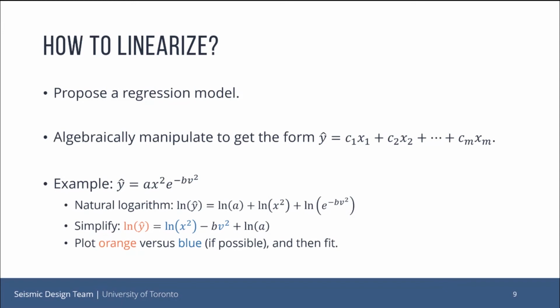One of the common examples is an exponential function or a polynomial, something of that nature. To convert those nonlinear regressions into the linear form shown here requires algebraic manipulation. And here's a quick example down below on how to do that.